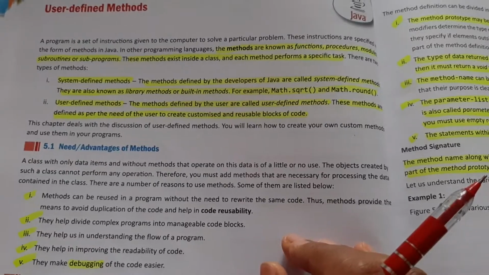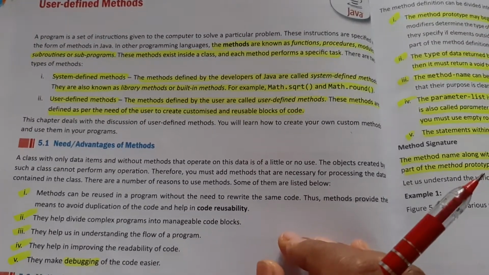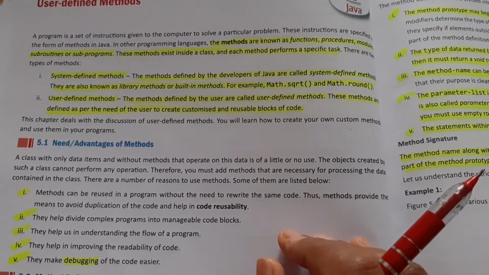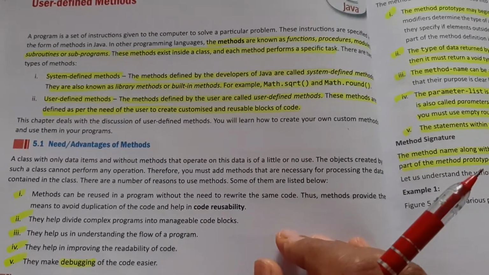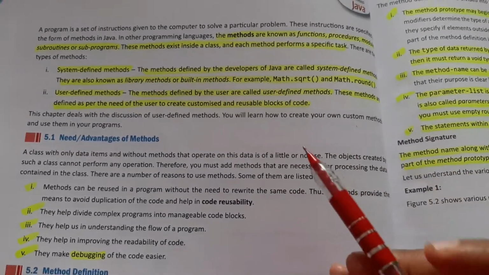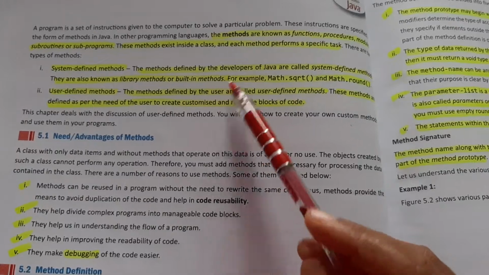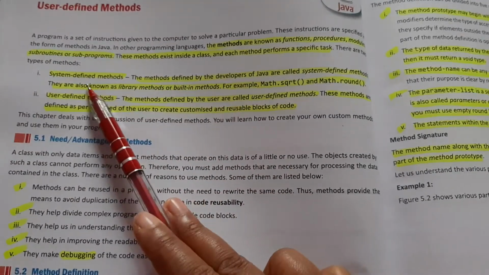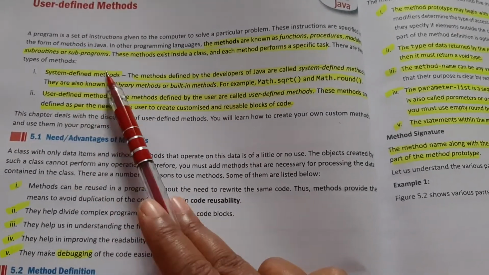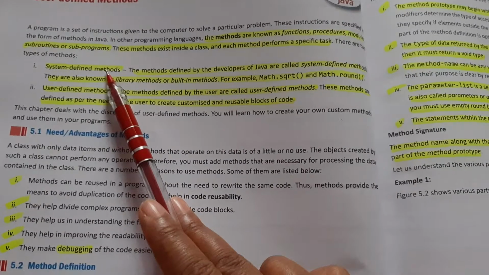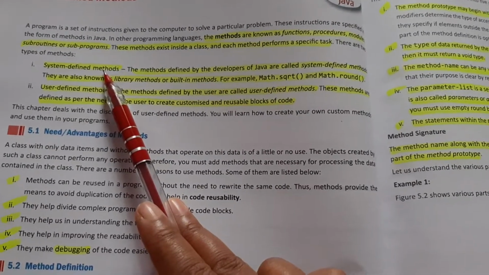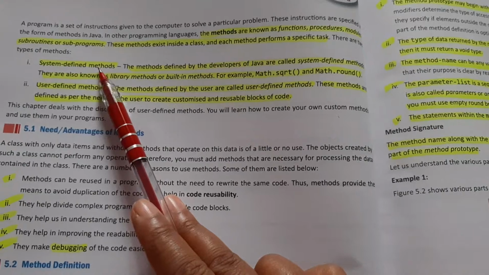Now we know the program. What do you mean by program? A program is a set of instructions, and these instructions are in the form of methods in the program. There are two ways of creating a method, that is system defined method and user defined method. What is a system defined method? System defined methods are already present in the Java library.